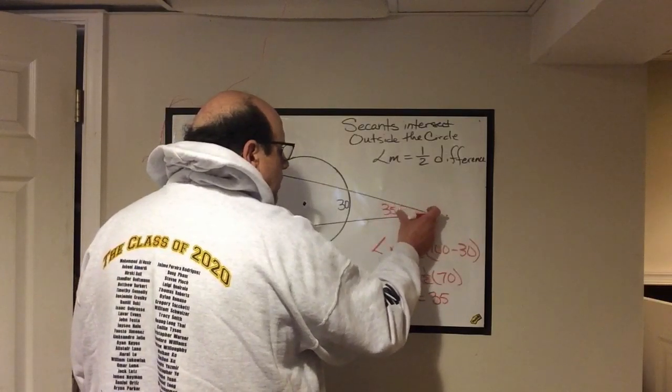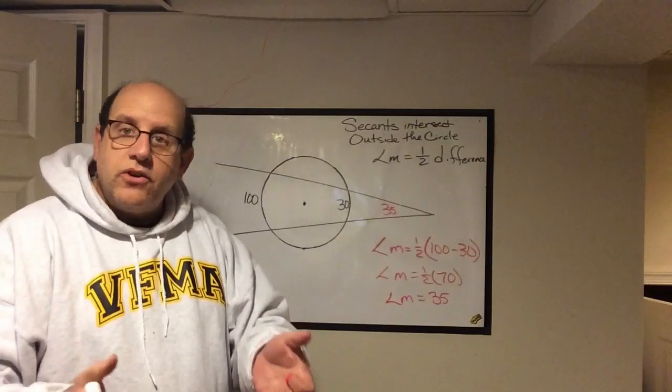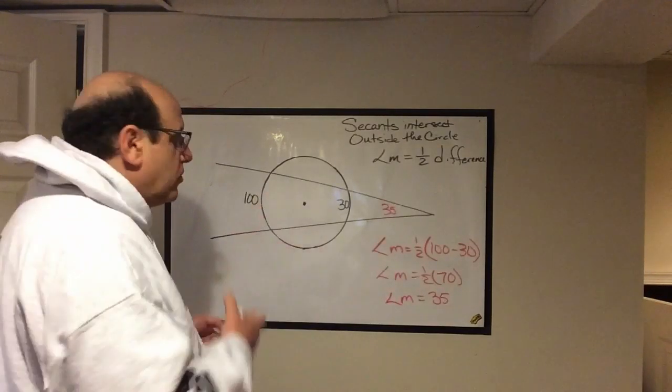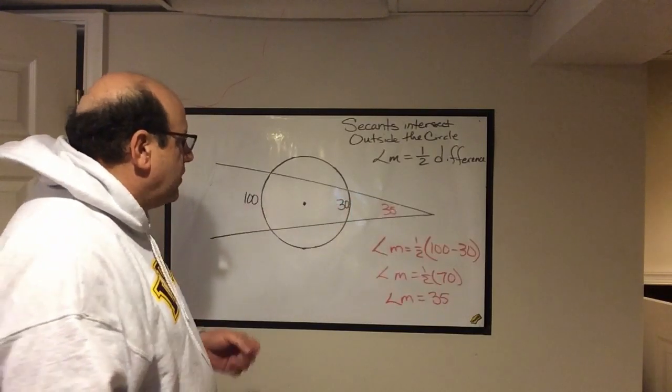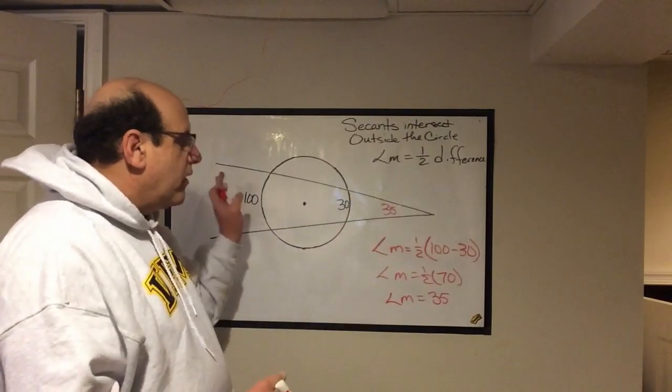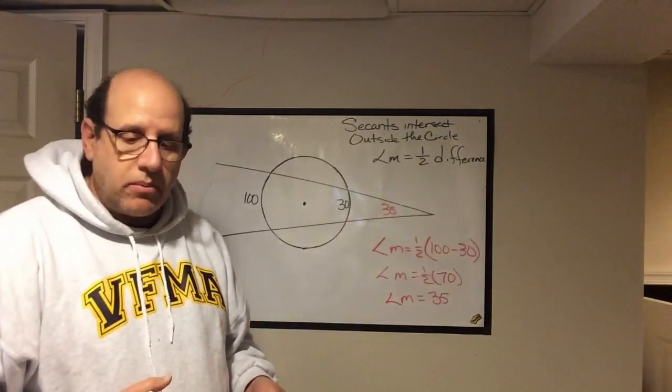Okay, well, now I know the measure of the angle. They're going to give it to you in different ways. They're going to give you the angle and one of the arcs, or they'll give you the angle and the other of the arcs. That's the only way they can do these problems.